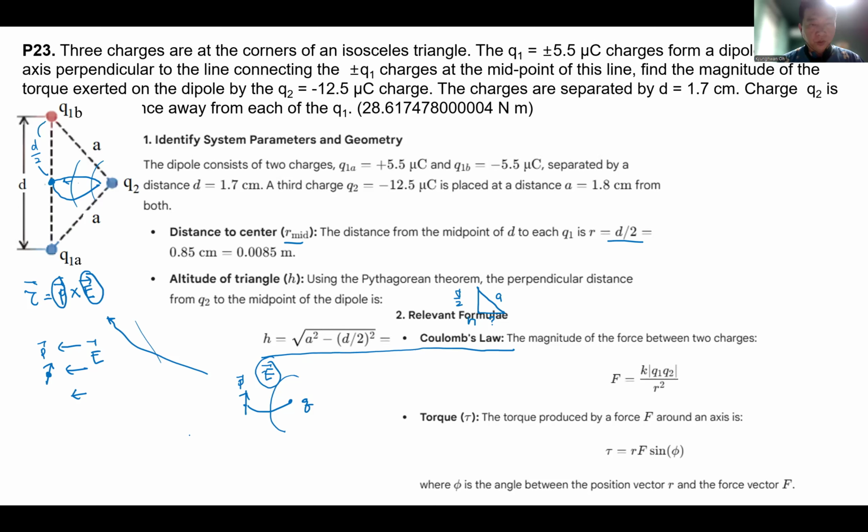So note that Q2, Q1, so that we have a certain force, okay?